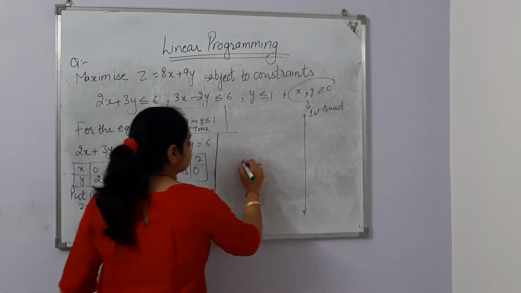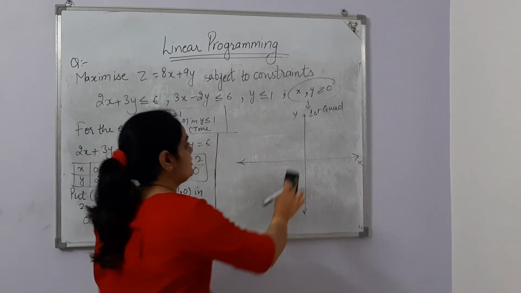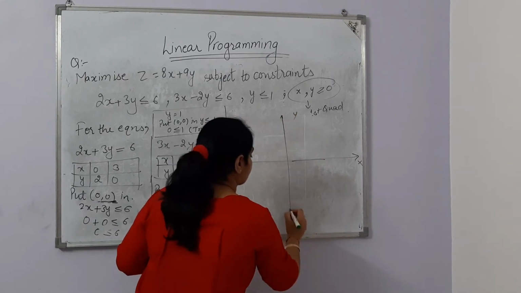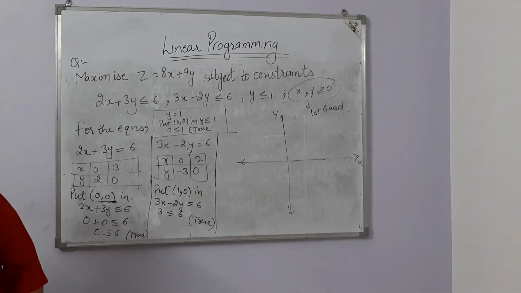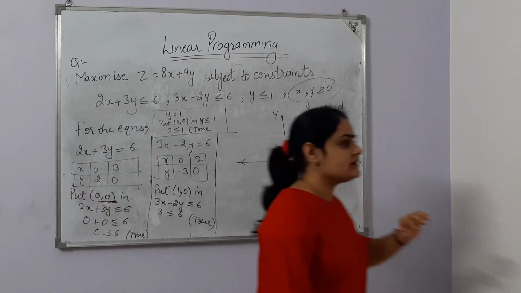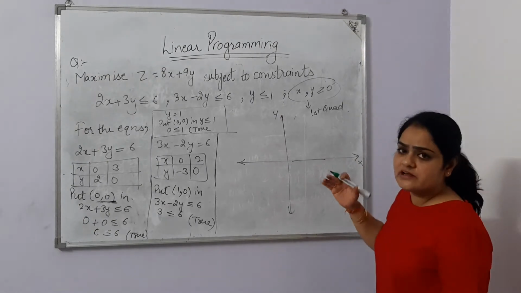Now we have the xy plane. We need to draw the points. First of all, we have to draw the graph, or you can take the width of the point according to your choice.